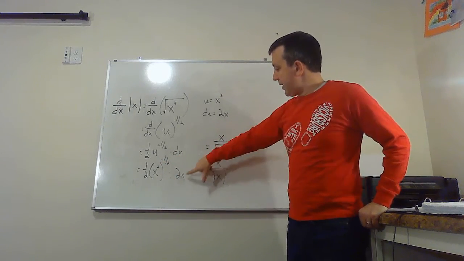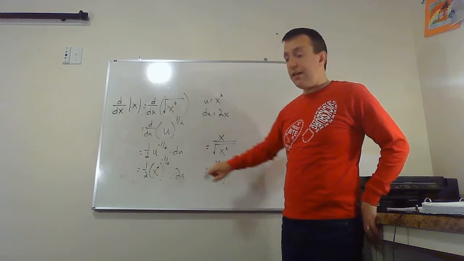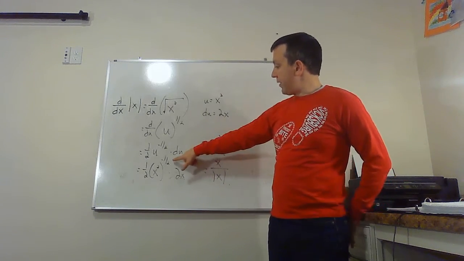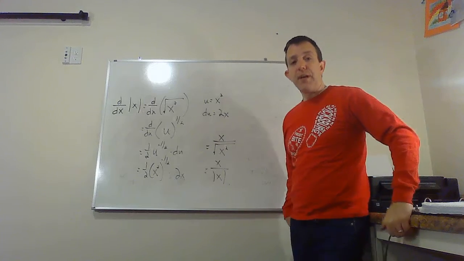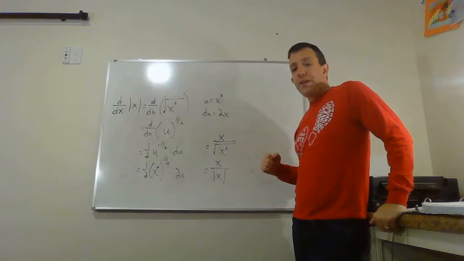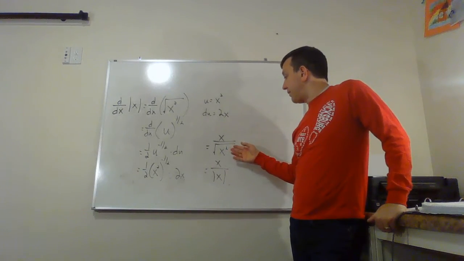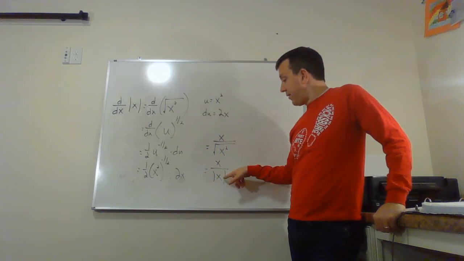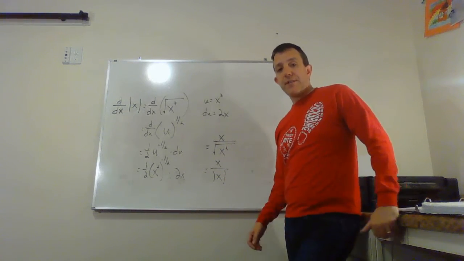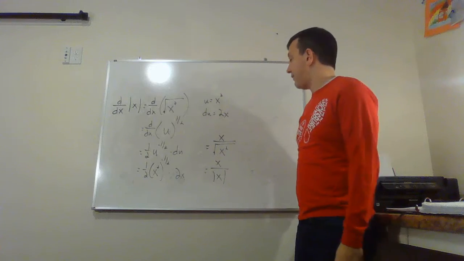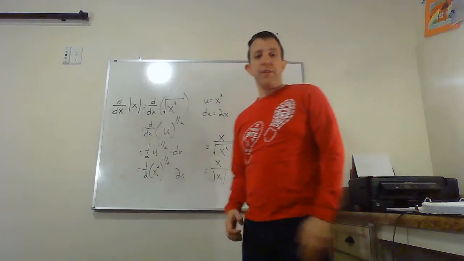So I get an x on the top, just from there, that's the only thing left. And then instead of having a positive 1/2 exponent on the bottom, I just wrote it as the square root of x squared. And then we said at the very beginning that the square root of x squared is another name for the absolute value of x. So the derivative of the absolute value of x is x over the absolute value of x.